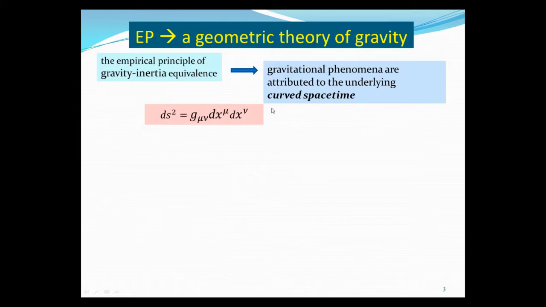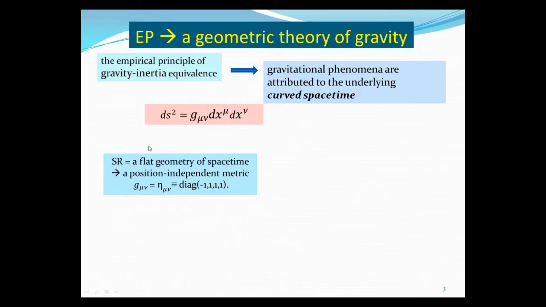Now the geometry is described by the metric, which relates the length measurements to the chosen coordinates, the Gaussian coordinates. In special relativity we have a flat space and time, so we can have a position-independent metric like eta mu nu, which is diagonal (-1, 1, 1, 1).